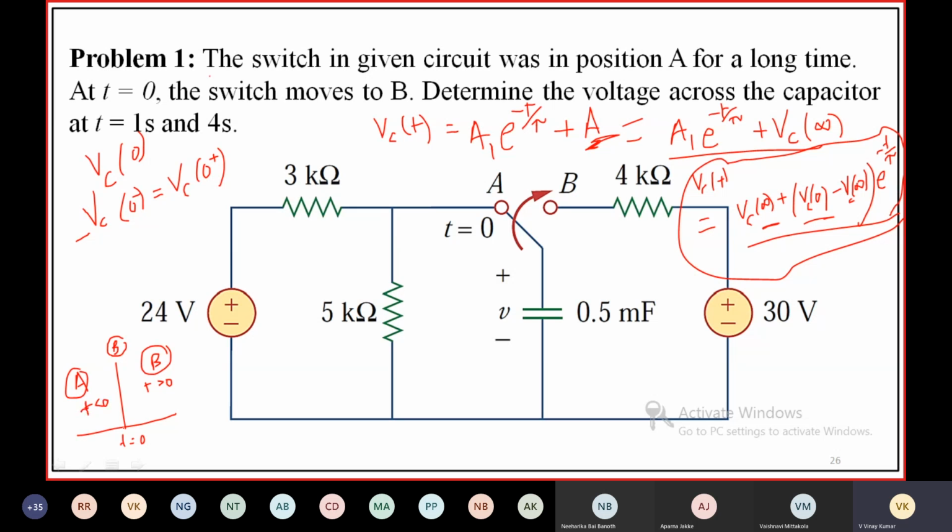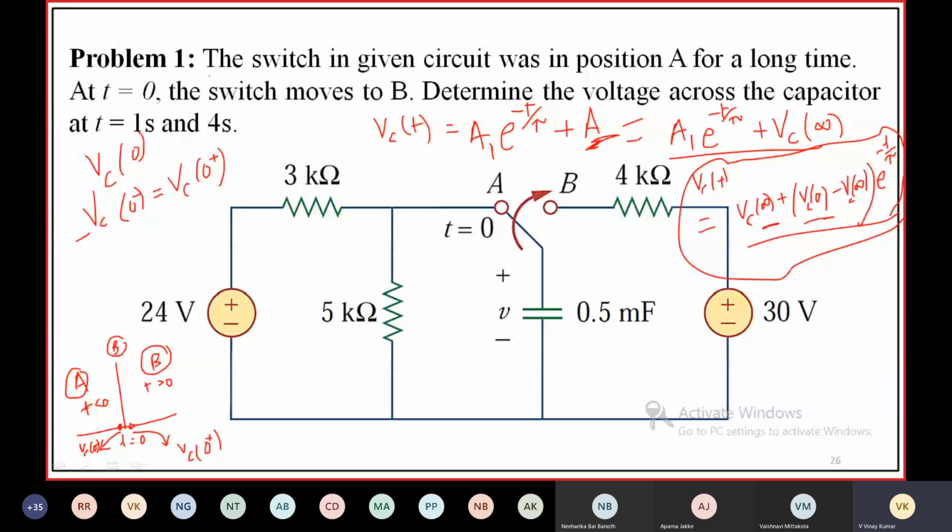So here you have to find the initial value. Initial value means Vc of 0 plus, the voltage across the capacitor at T is equal to 0 plus. Voltage at T is equal to 0 minus is Vc of 0 minus. Voltage at T is equal to 0 plus is Vc of 0 plus.